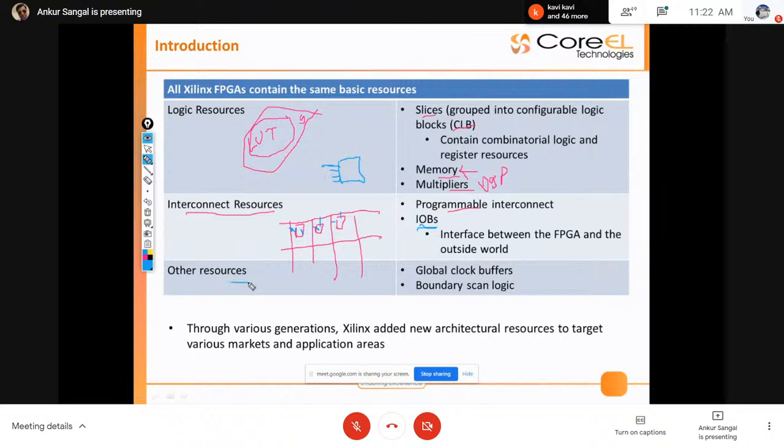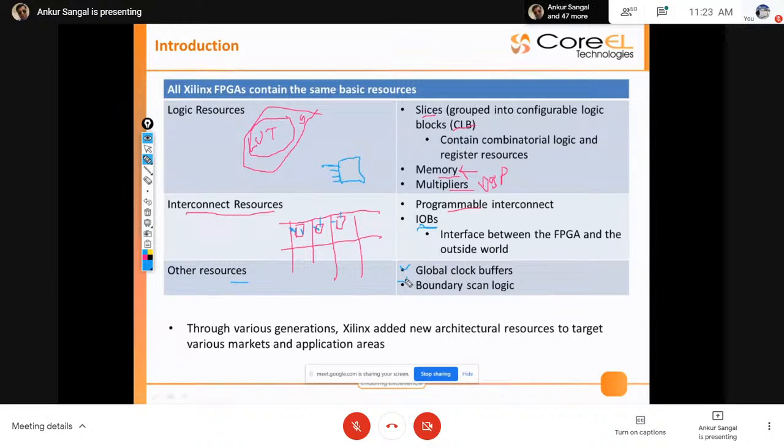Now, related to the other resources, in this we have global clock buffers and boundary scan logic. I'll give you an example. I think you are already aware of some ICs, like IC 555. In IC 555, every pin is fixed, like VDD and ground. In that manner, some pins related to the clock or reset are fixed.